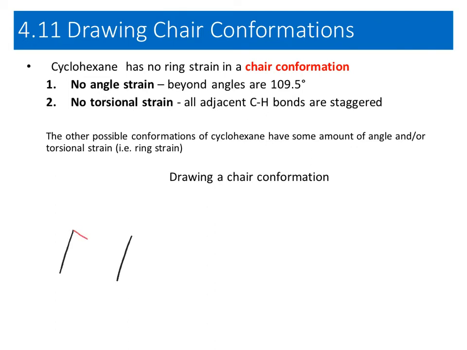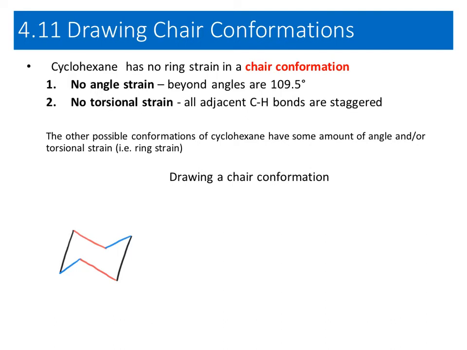And I'm going to have shorter lines, which are parallel to one another. So this is how we can draw the chair conformation. I know that might be a little challenging at first, but with a little bit of practice, you'll be able to draw it very easily.